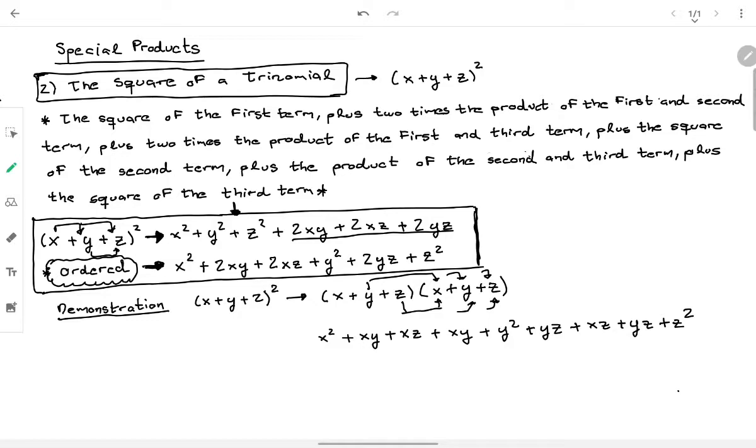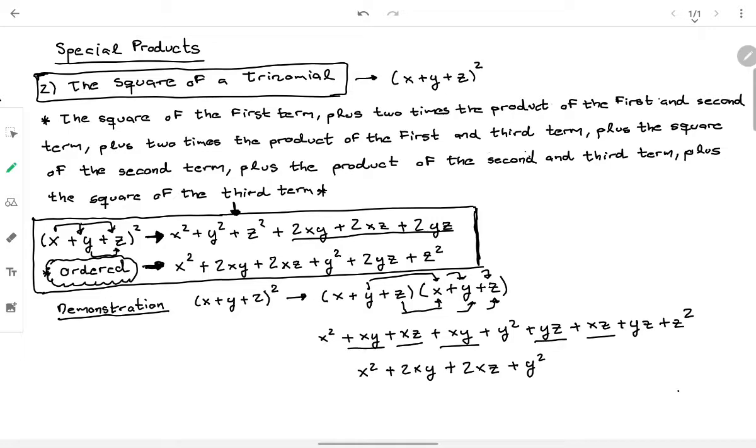If we do the correct ordering and also term simplification, we will start with x squared. Then with xy, we have plus xy plus xy, that's why we have 2xy. Then with xz, we have xz and xz, that's why we have 2xz. Then we have a y squared.